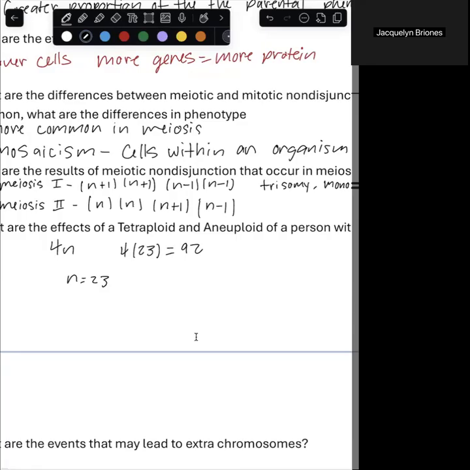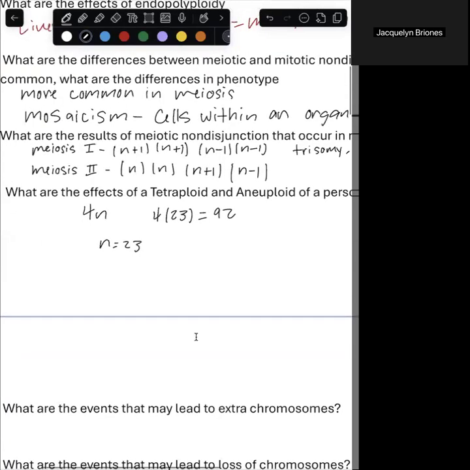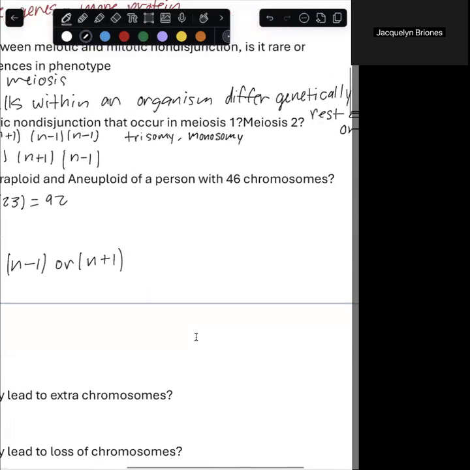And then in aneuploidy, you would just have N minus 1 or N plus 1. So you would have 45 or 47.